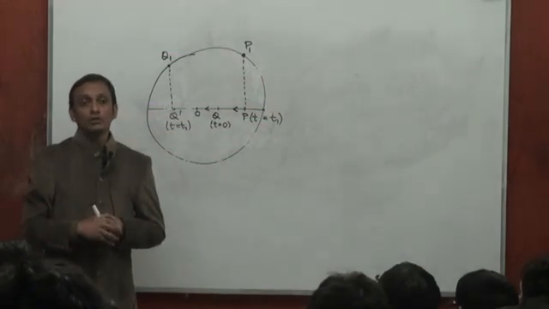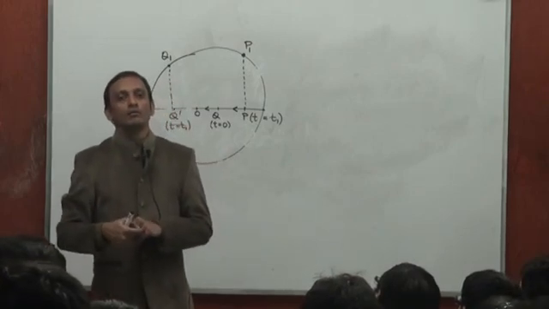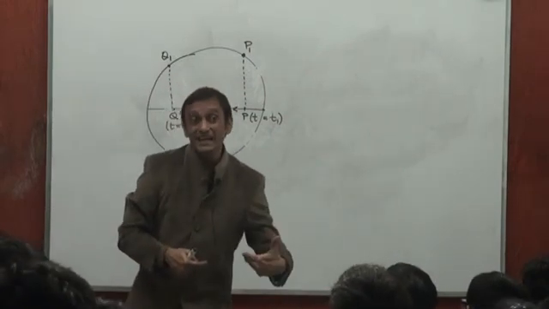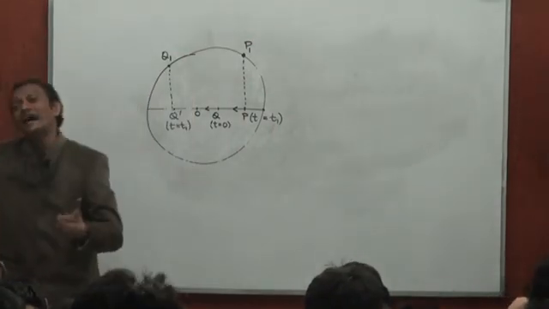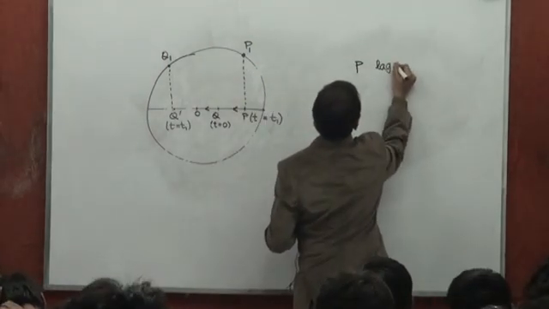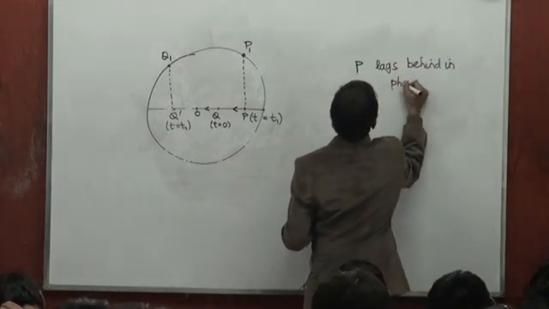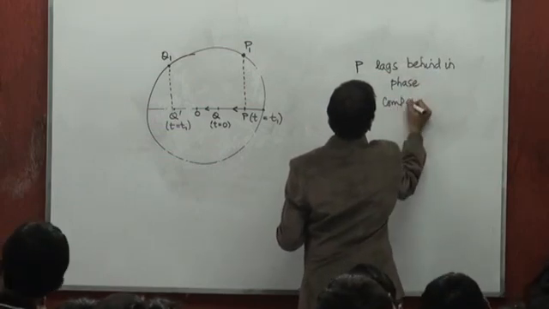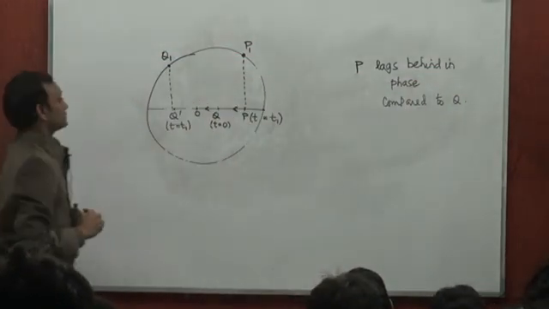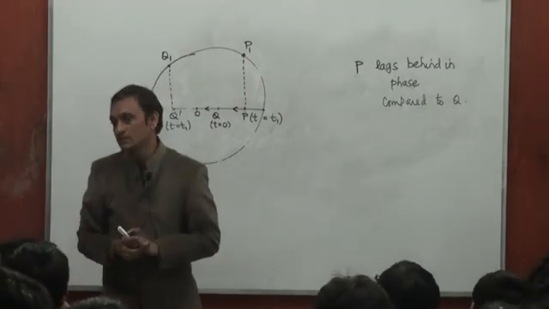Then again, the understanding that prevails in the mathematical community is that we say the particle P lags behind in phase compared to Q. Now, the implication is, how much behind?